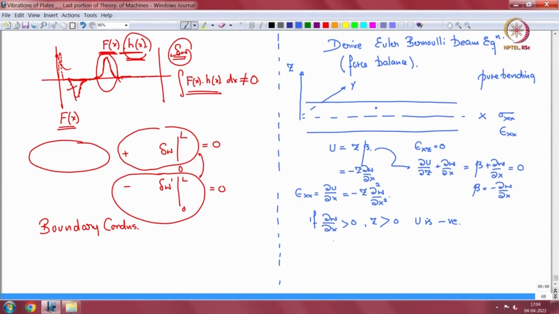So what is my sigma xx? Sigma xx is E epsilon xx, which is equal to minus E z del 2w by del x square.